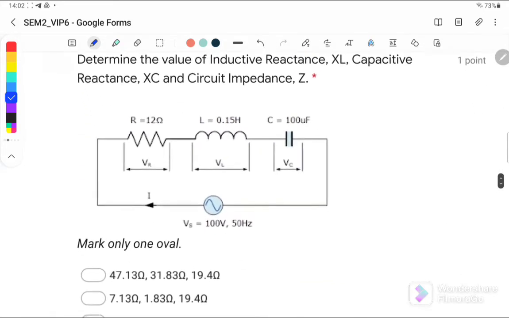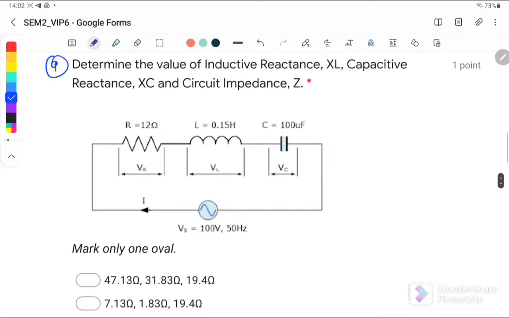Question number 9. Determine the value of inductive reactance XL, capacitive reactance XC, and the impedance of the circuit. So we need to find the value for XL, XC, and also impedance Z. Here they give you the values for the resistor, inductor, and also capacitor.